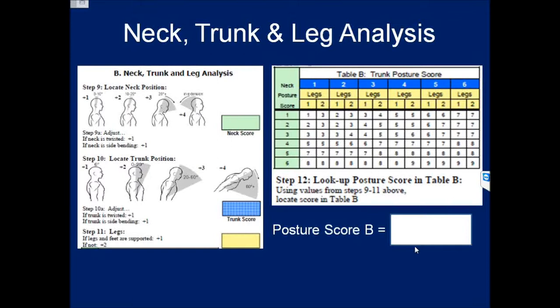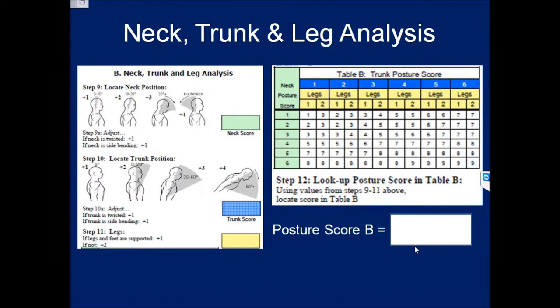And so you will come out with a similar score the way you did with your upper arm. Then you again have a muscle use score, a force load score, and a final score for the neck, trunk, and legs.